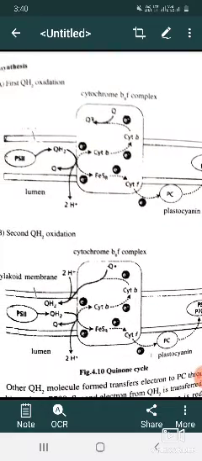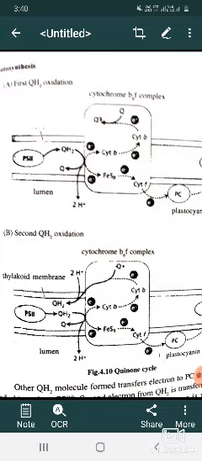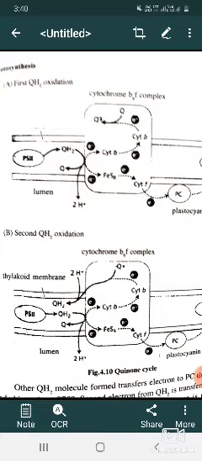These are ultimately used for the formation of NADPH. Two hydrogens and two electrons are required for this.